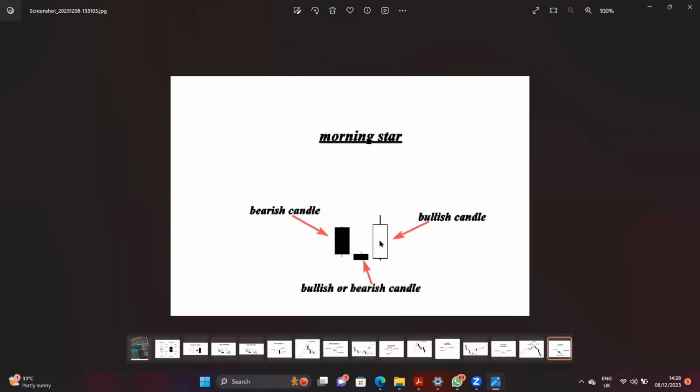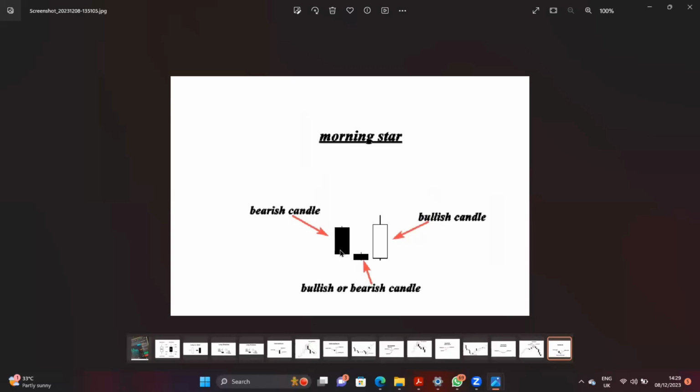The third candle is a bullish candle that gaps up on the open and closes above the midpoint of the body of the first candle. So this candlestick holds a significant trend reversal. The morning star pattern shows us how buyers take control of the market from the sellers.